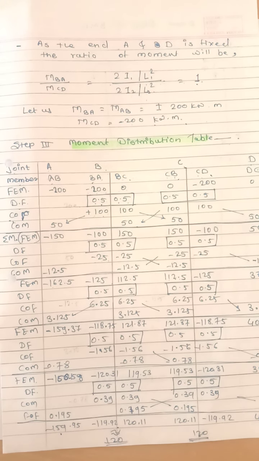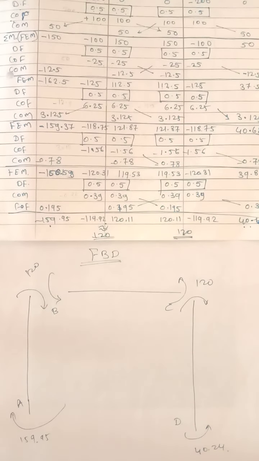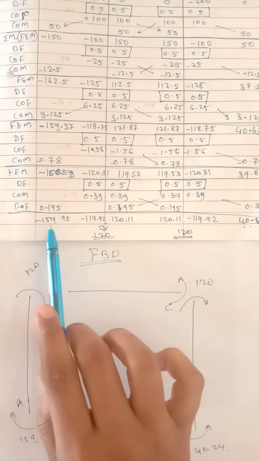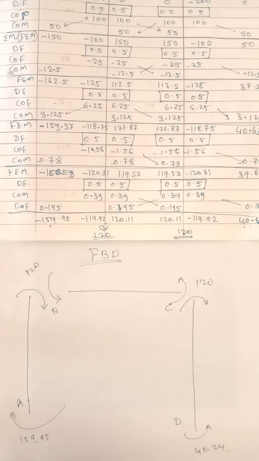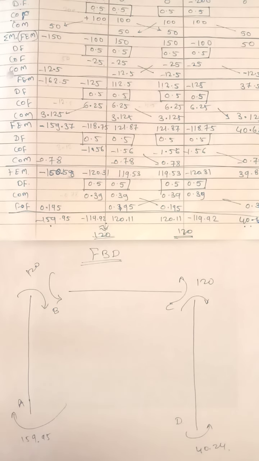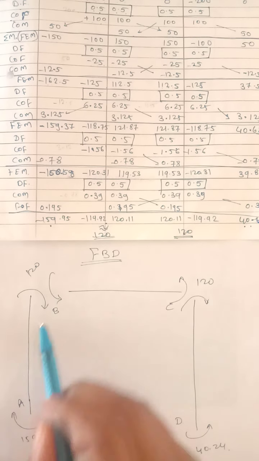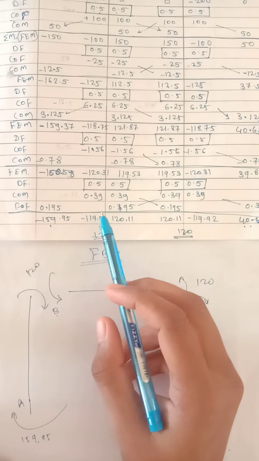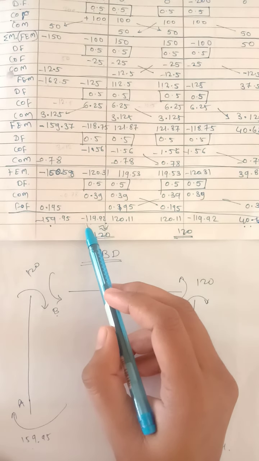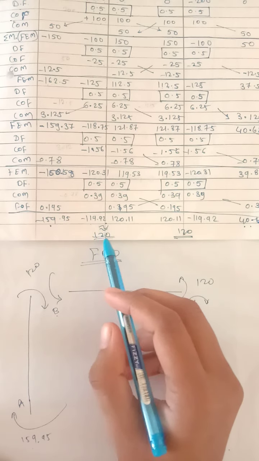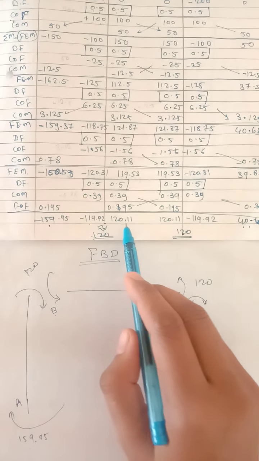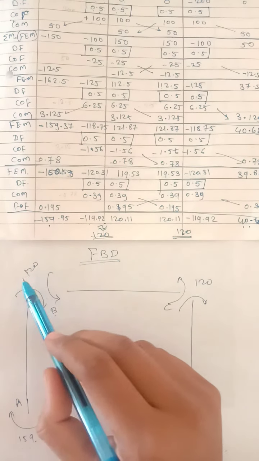Then next, draw the free body diagram from these end moments. You can see the end moment at member AB is minus 159.95, so we take the clockwise direction. At point B, the end moment at member BA is minus 119.92, and for member BC it is plus 120.11, so we approximate it as 120.